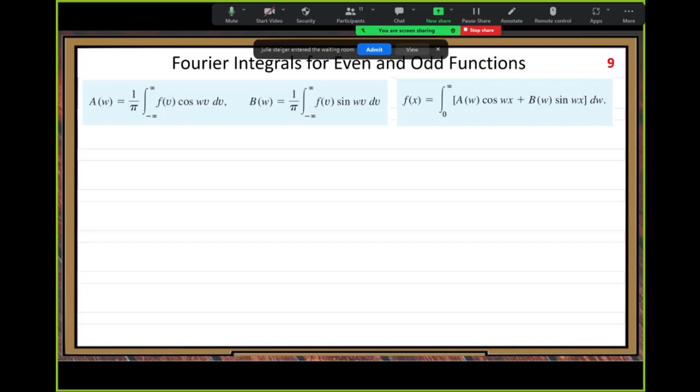So for that reason, we want to extend Fourier series expansions. We use integrals to calculate Fourier series coefficients, but the definition of each integral is on one period of the function, from negative pi to pi, and in the general case from negative L to L. That's the limitation we want to remove.